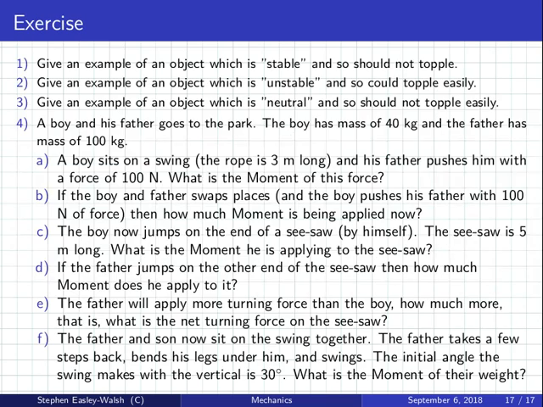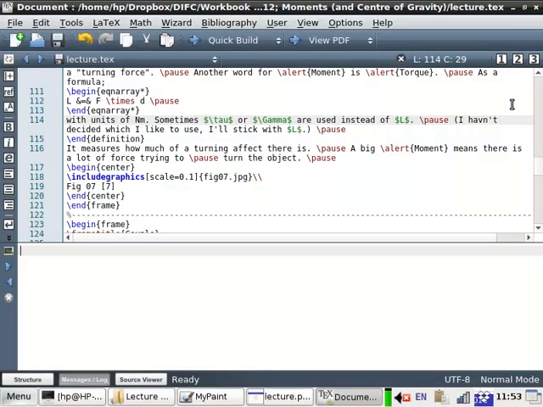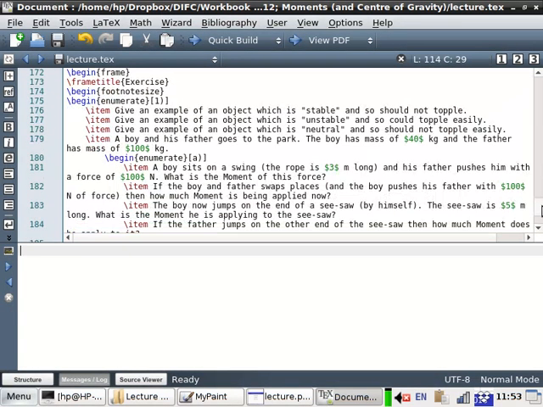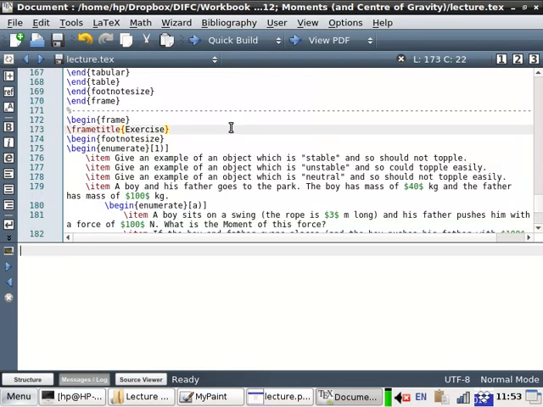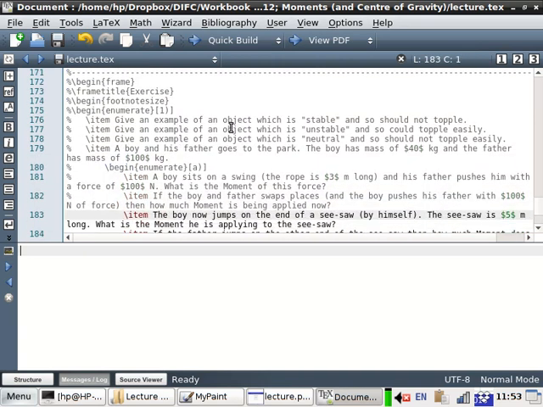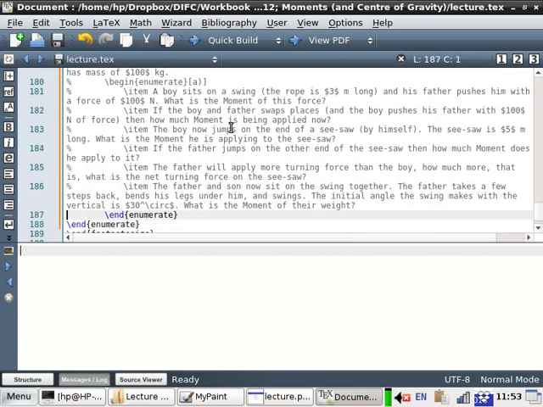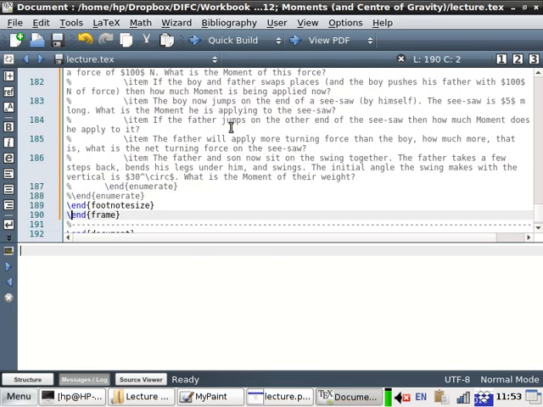Oh, I don't need actually that in there. I just need to delete that. One moment. Okay. Right, so let's see.